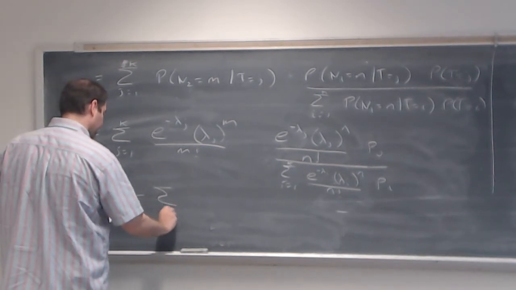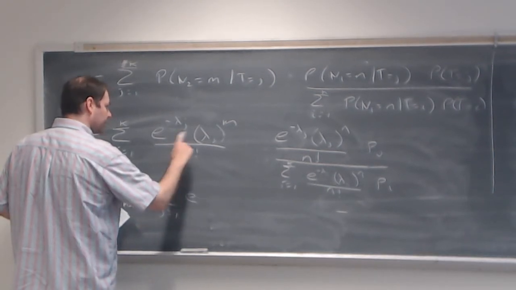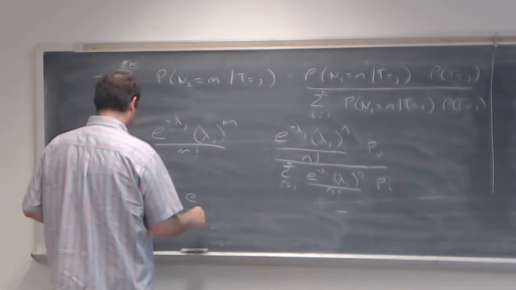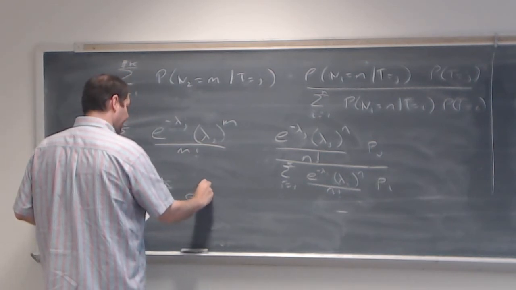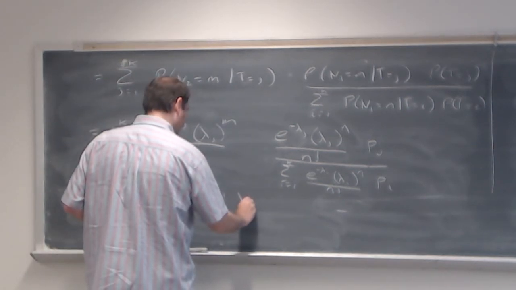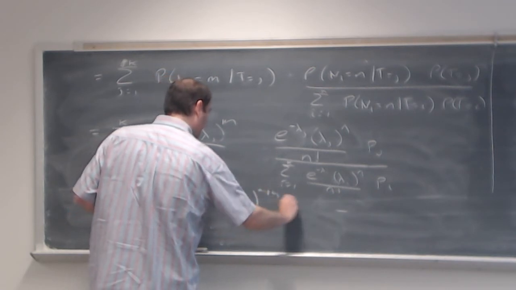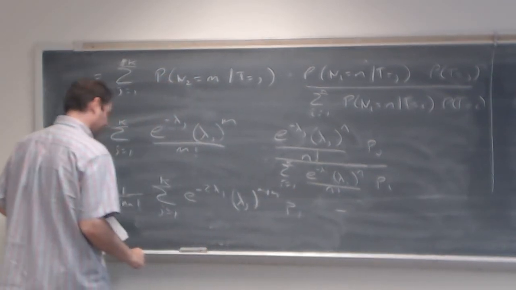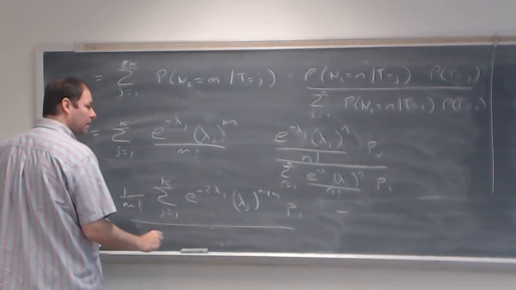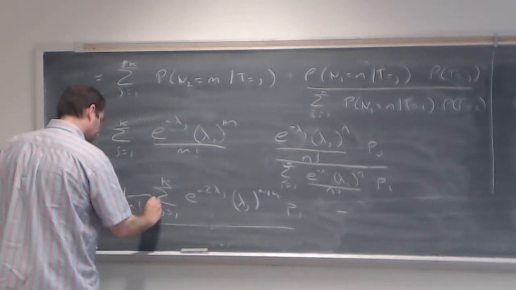Sum as j runs from 1 to k. This part is e to the minus lambda j. Here's another e to the minus lambda j. So that's e to the minus 2 lambda j. This would be lambda sub j raised to the m plus n, p sub j, all over. I pull out the 1 over n factorial, which I put here.